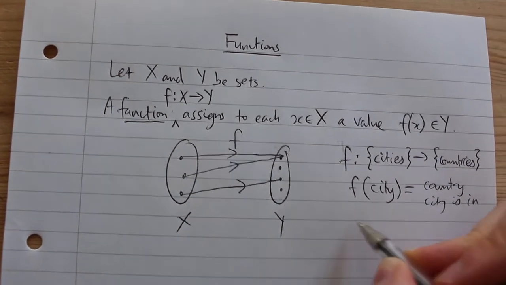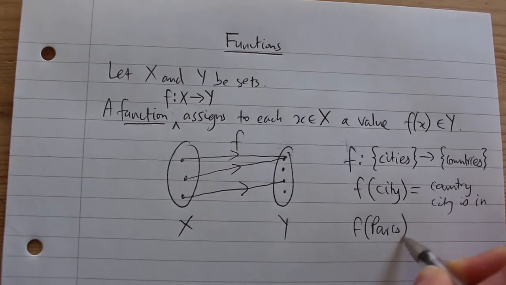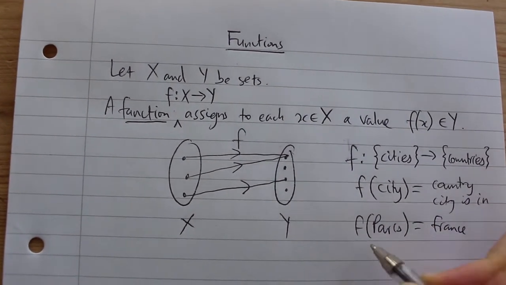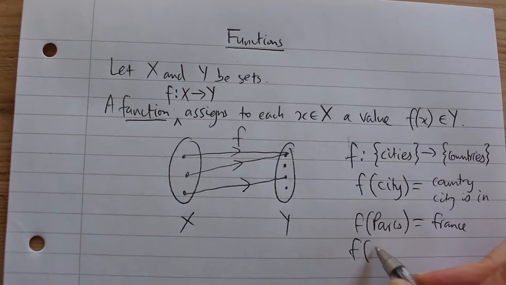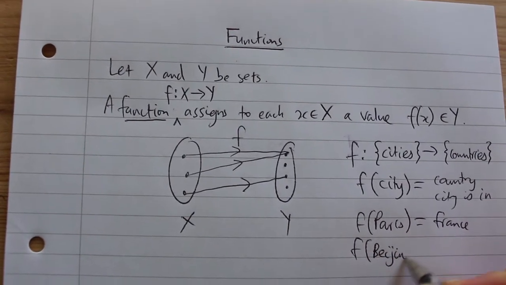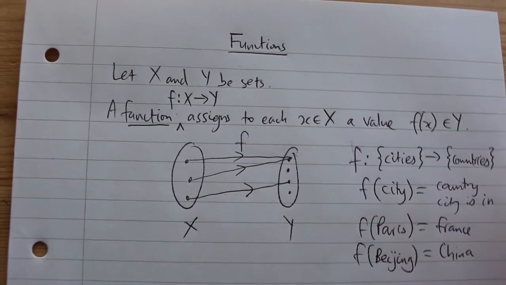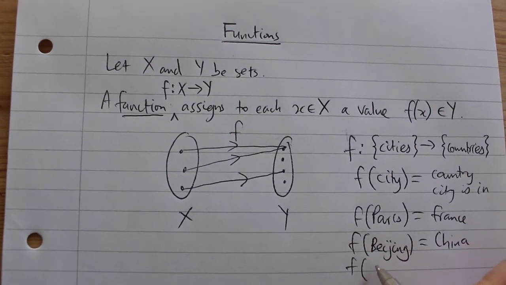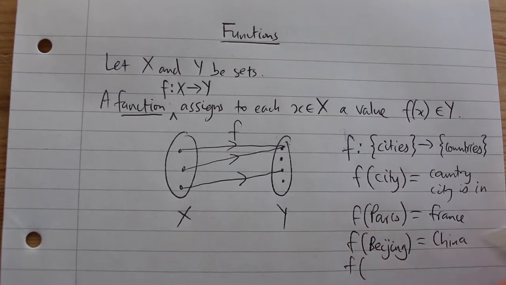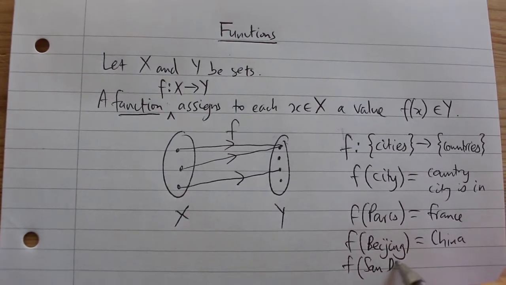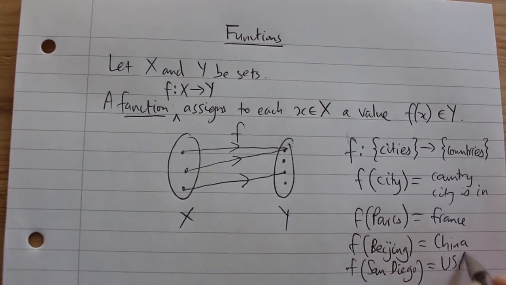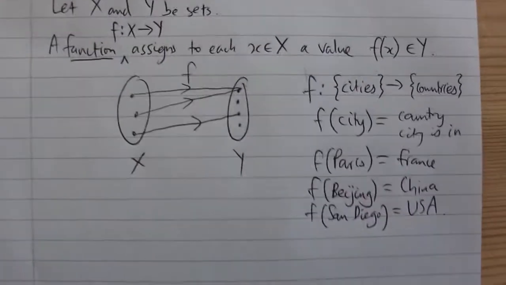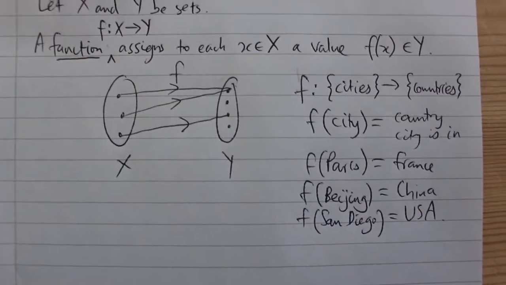So for example, f of Paris would be France, f of Beijing would be China, and f of San Diego would be the USA. So this is a completely different kind of function.